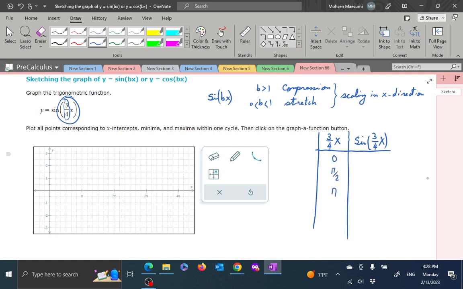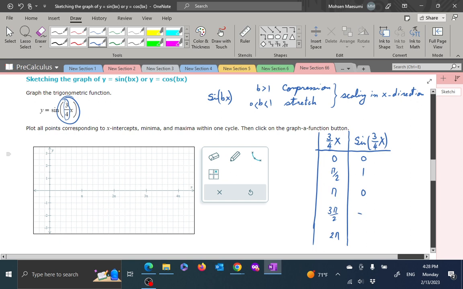So I just go after these 5 angles to get the bare bone picture going. I know that it's going to be 0, 1, 0, -1, and then back to 0.